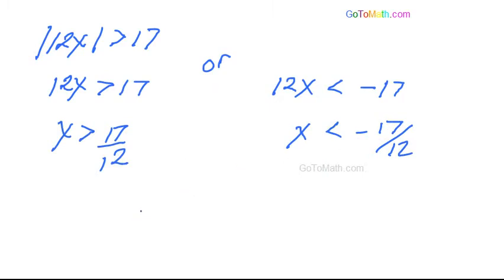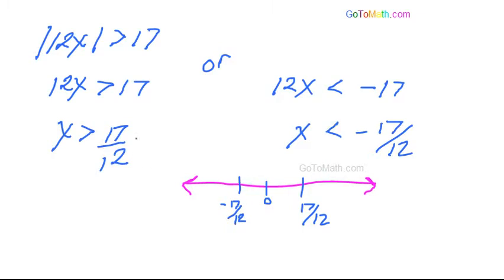Okay, let's go ahead and do the number line in a different color this time. We'll do the number line there. If this is 17 over 12, which is 1 point something or another, we have 17 over 12, then we'll put 0 right here, and negative 17 over 12.